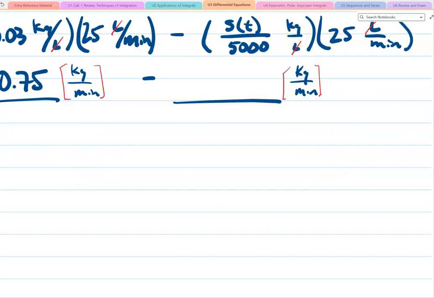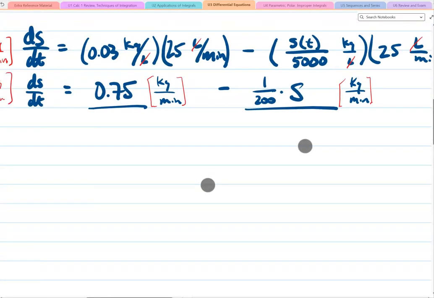Now I just checked off to the side, 25 times 1 over 5,000, or 25 divided by 5,000, turns into 1 over 200. So I'm going to rewrite this as 1 over 200, not 1,200, 1 over 200 times S, or S of t.